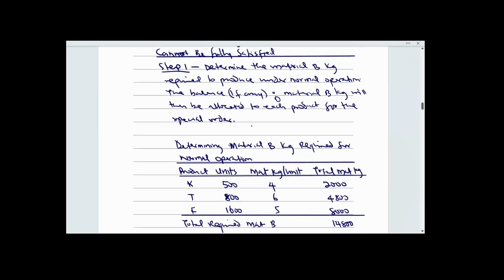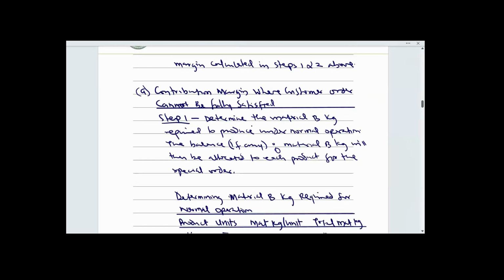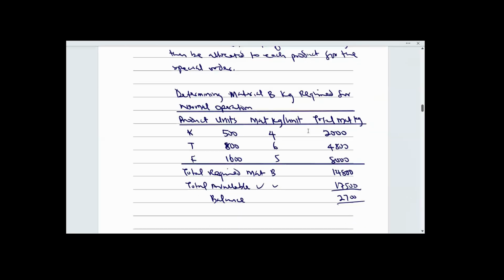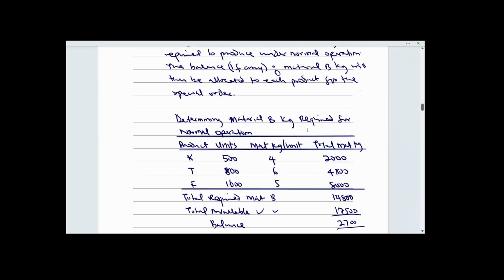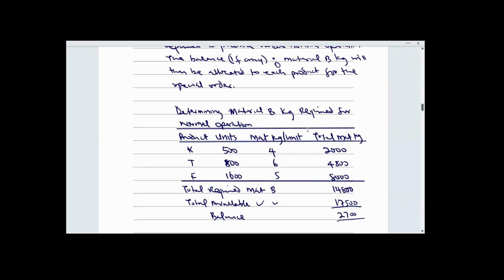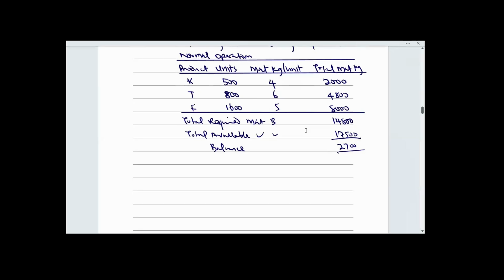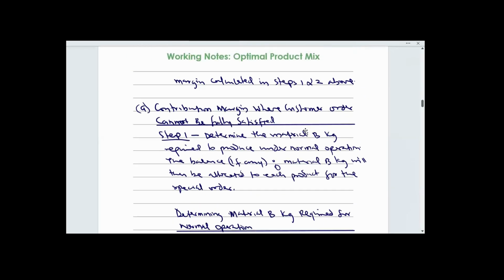So the first step is to determine material B kilogram required under normal operation. We need 14,800 kilogram out of the 17,500 kilograms. So the balance of 2,700 will then be used to produce the special order. So the balance, if any, of material B will then be allocated to each product.